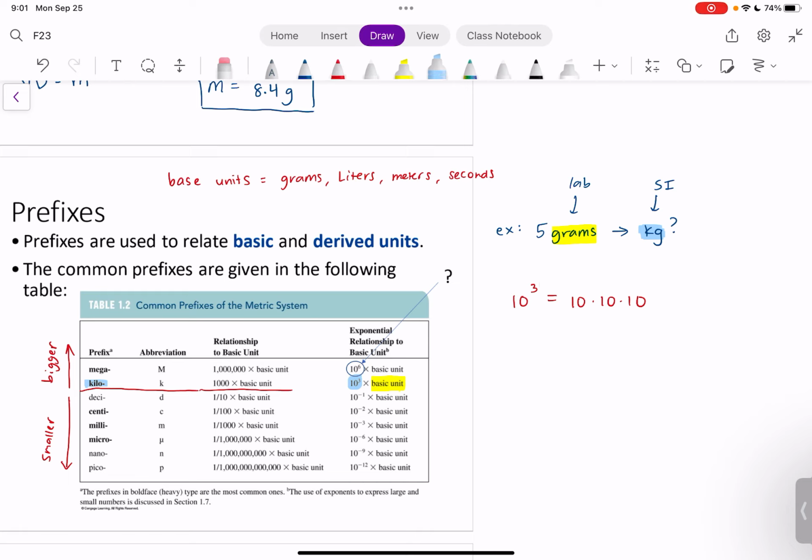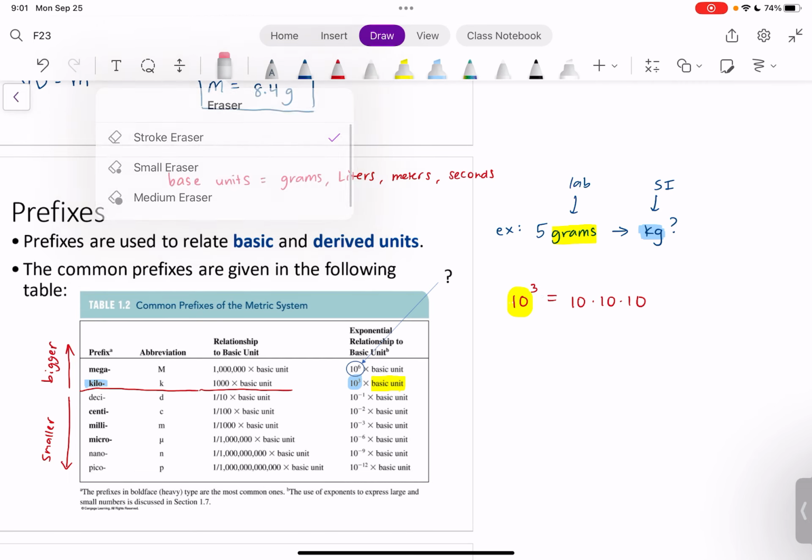Because this 3 is telling us how many times we want to multiply this number, and it doesn't always have to be 10. In different math equations it might be a different number, but for the metric system, it's always going to be a factor of 10. That 3 is telling you to multiply 10 by itself 3 times.